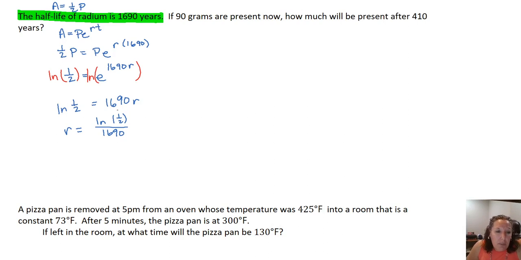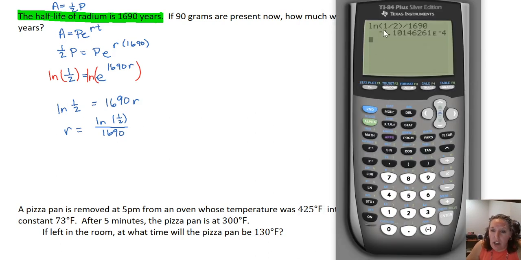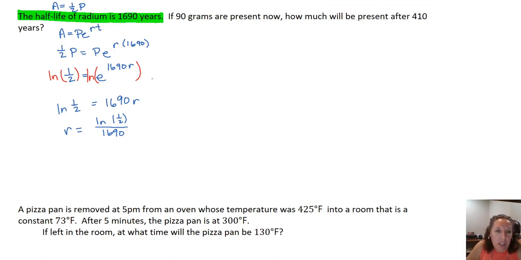All right, so that's going to be our decay rate, and that is, as we saw here, a negative number, so it is decaying. If we start out with 90 grams, we want to know how much will be present at the end. So we're going to look for A when our P value is 90. Our rate that we just found was the natural log of 1/2 divided by 1,690, times 410 years, given in the question.